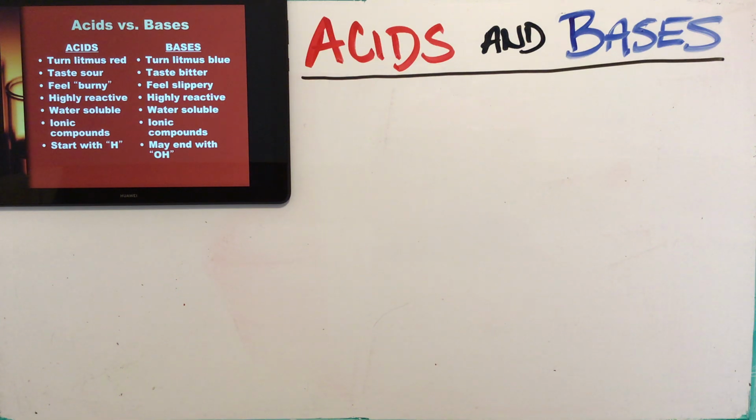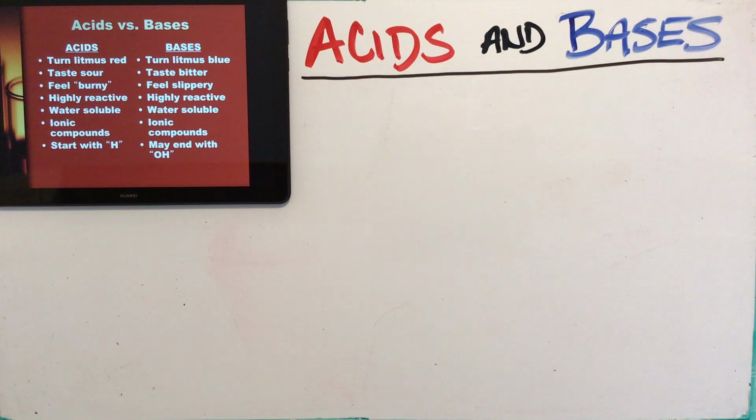All acids start with H. Right? And we'll see why in a second. So every formula of an acid usually starts with H, the common acids that we use in the lab anyway. Bases, there's no one catch-all rule here. A lot of the bases that we would use in the lab end in OH. All right, hydroxide.